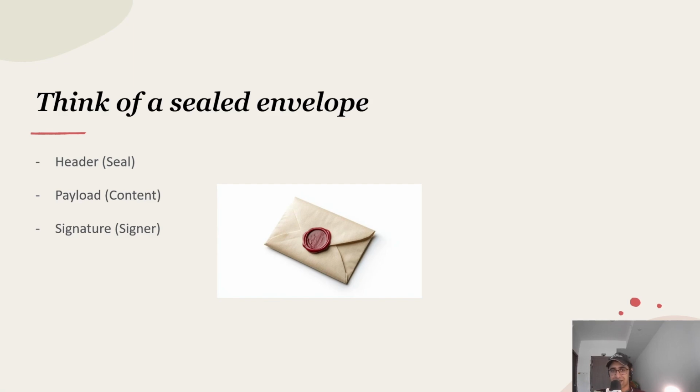It has not encrypted the content, but it has created some layers of protection. The content, which in our analogy is the payload, is whatever is written inside that envelope. And the signature refers to the person who has created this whole envelope and signed it and then sealed it.